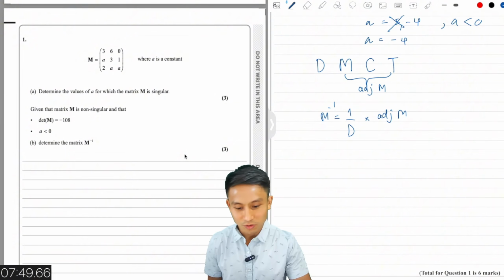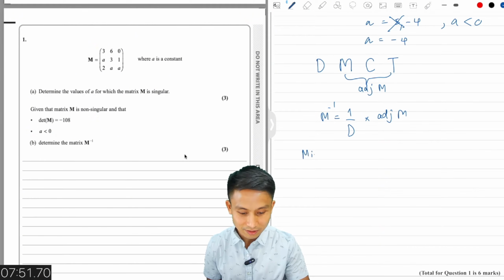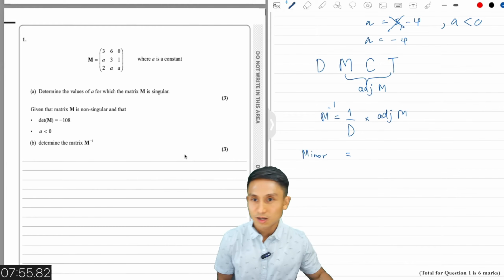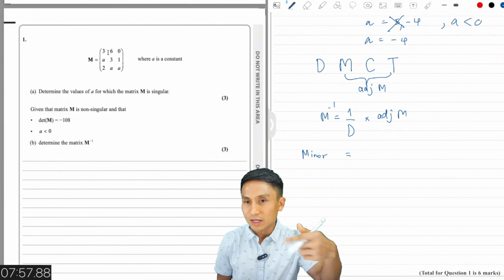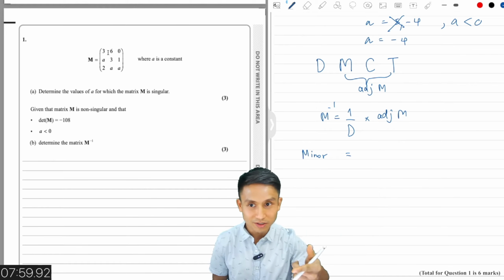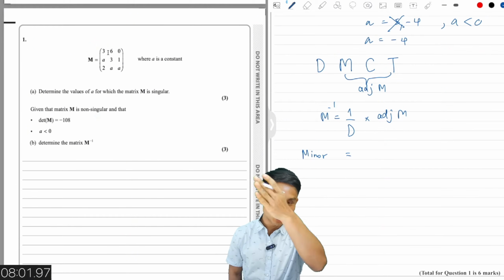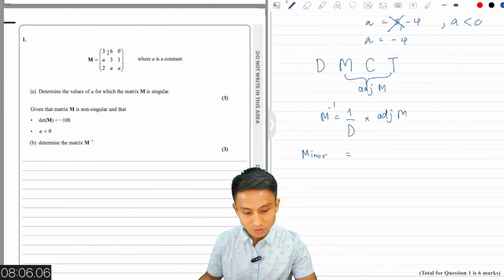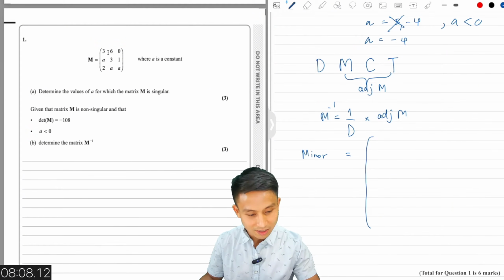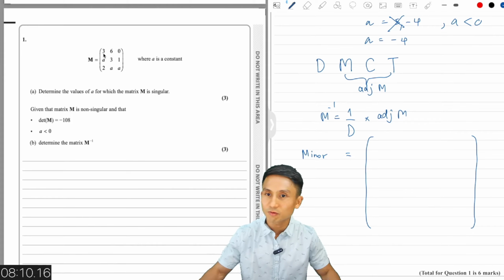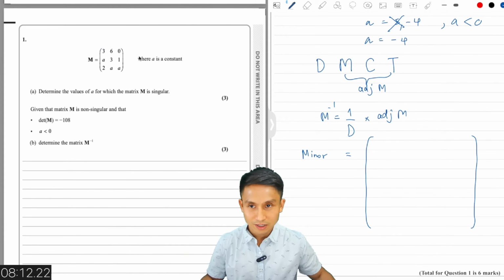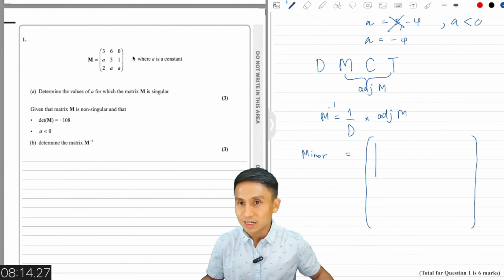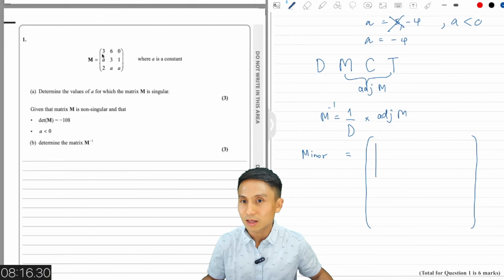So what's the M? Well, the M is the minor. The minor would be the minor matrix. Basically you just do like I did in the determinant, and you do it for all elements. So we're basically going to do a large matrix here. For example, for 3 here, it's going to be deleting the row and the column at 3.